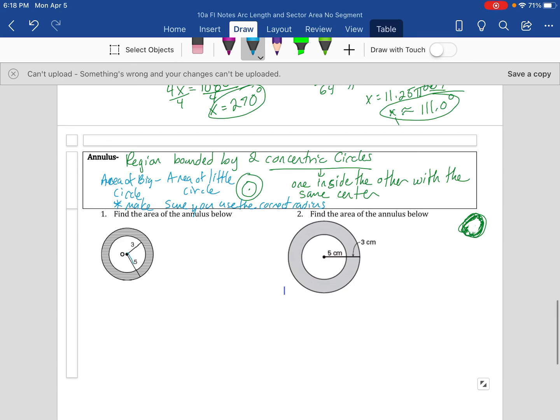Okay, so it says find the area of the annulus below. So the area of the big circle, the radius is 5. So this is going to be pi times 5 squared, which is 25 pi. So that's going to be the area of this whole thing. But I don't want the area of the whole thing. I want to get rid of the inside. So how do I get rid of the inside?